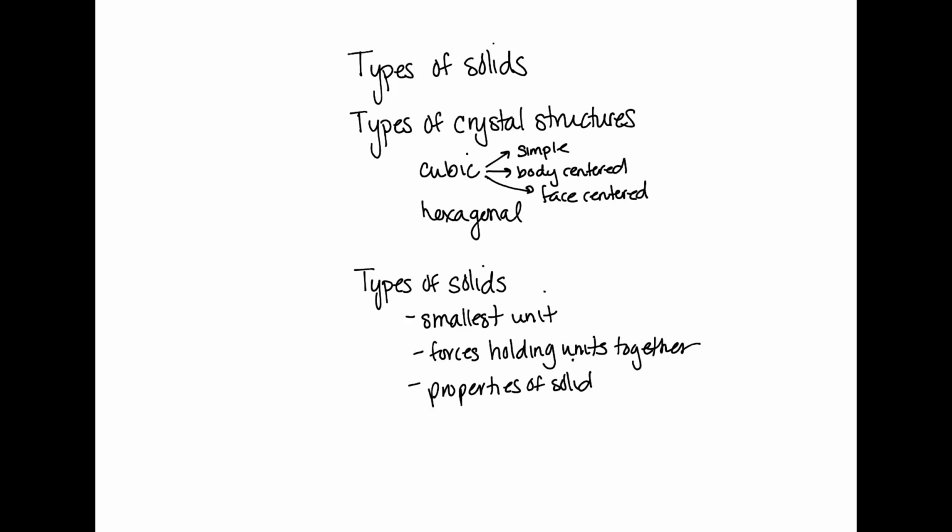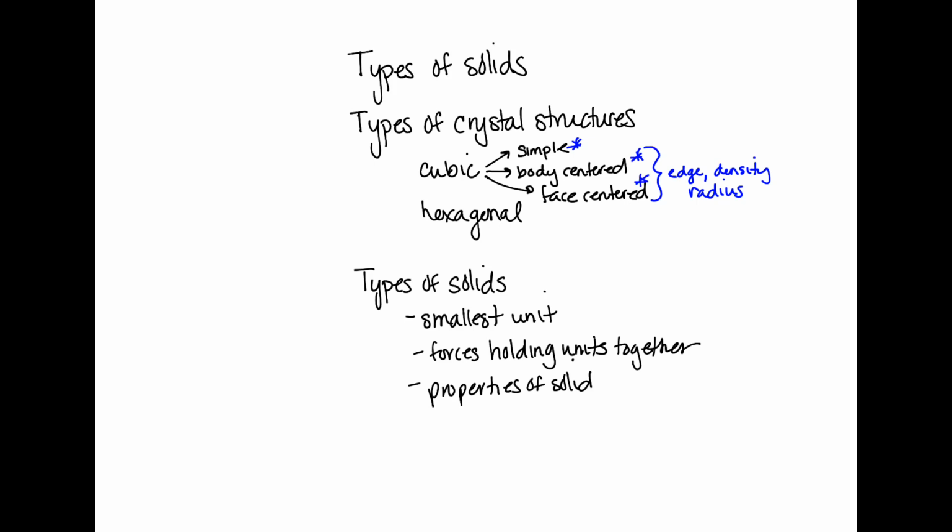We also just touched on hexagonal and how that was different in shape. We learned how to do some geometry so that we can use the edge and things like density or the radius to convert between each one. So we can do some calculations with these types of crystals.